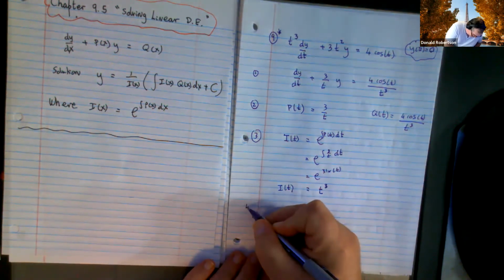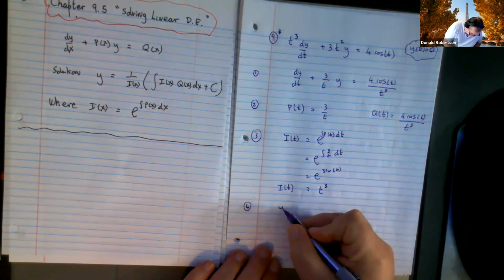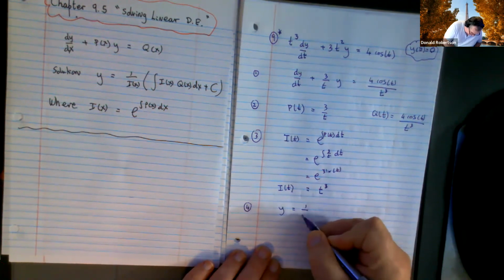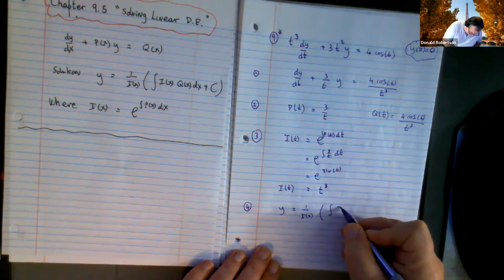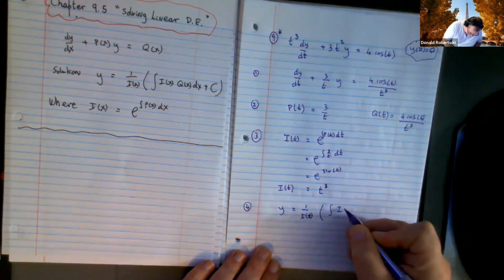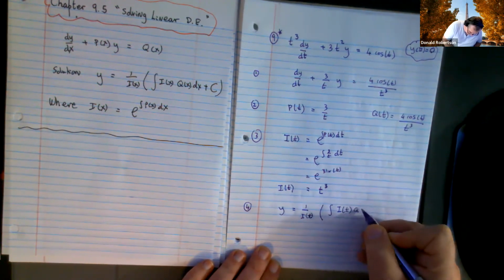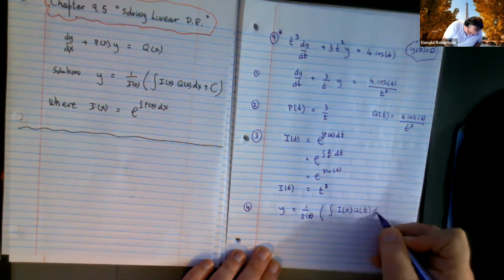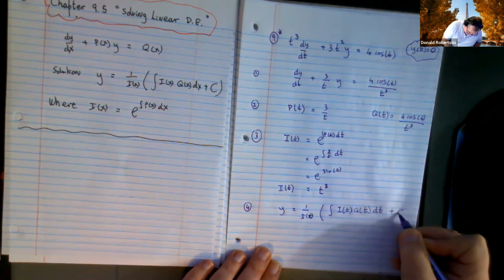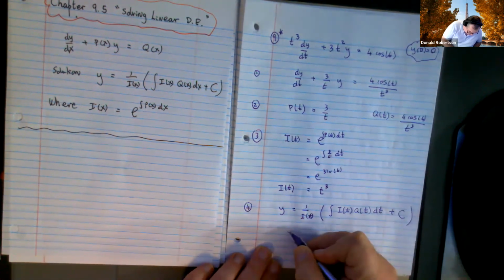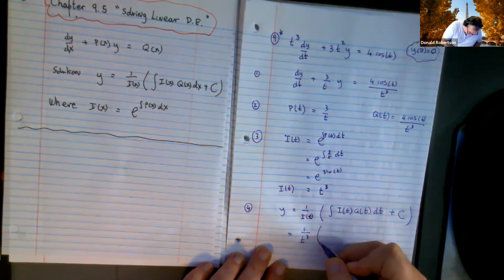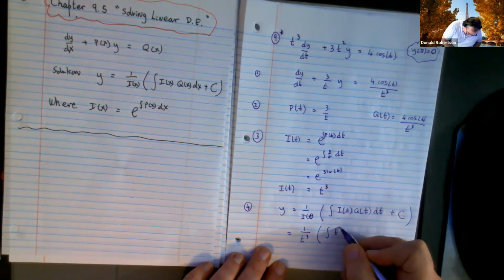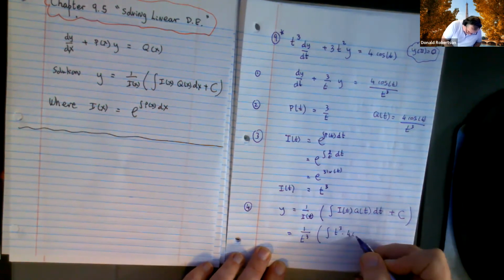So the next step would be to solve using our formula. So 1 over t cubed, the integral of t cubed times q.